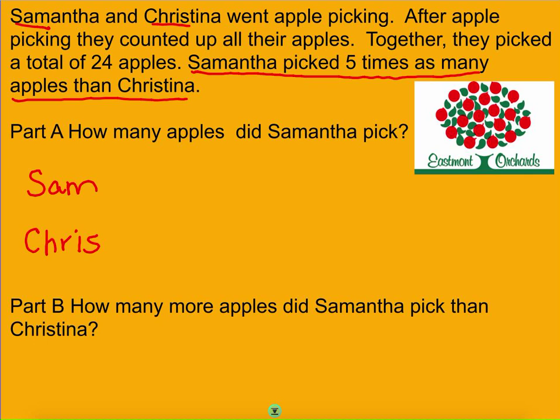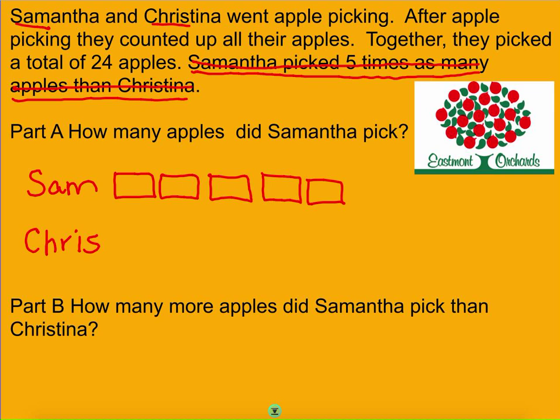So Samantha's the one who picked more, but Samantha gets the 5 bars because she picked 5 times as many. So I'm going to draw my 5 bars. 1, 2, 3, 4, 5. And now cross out this sentence because this sentence helped me to draw my bars and helped me to tell me how many and where I'm drawing it.